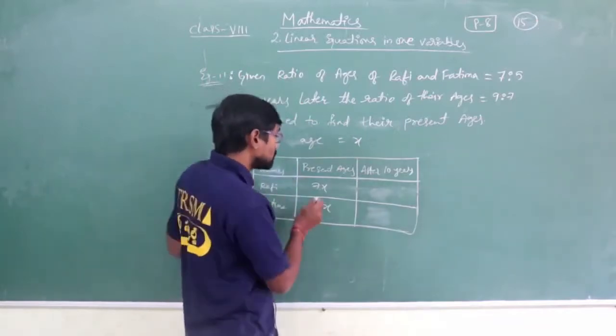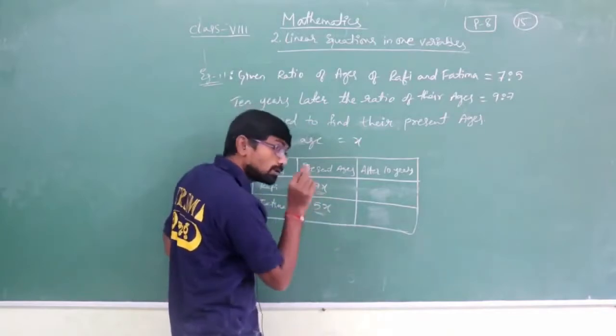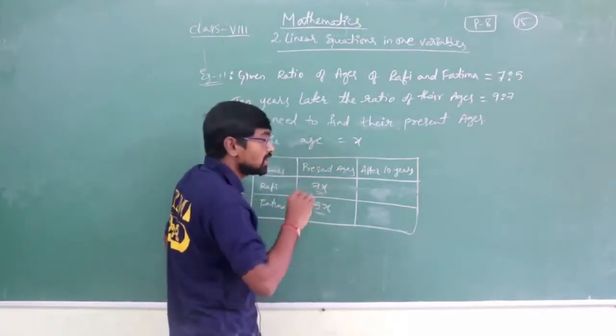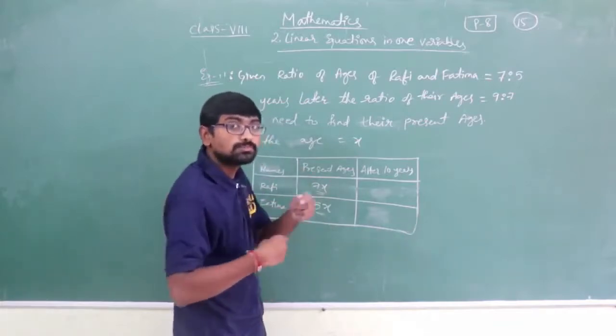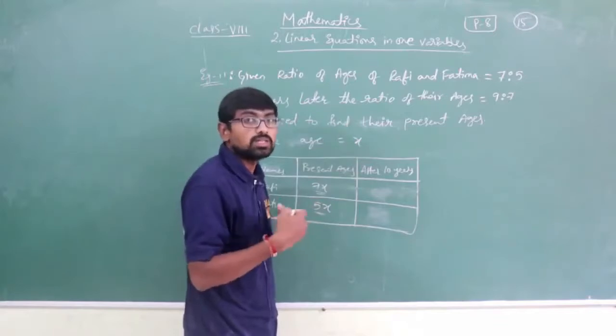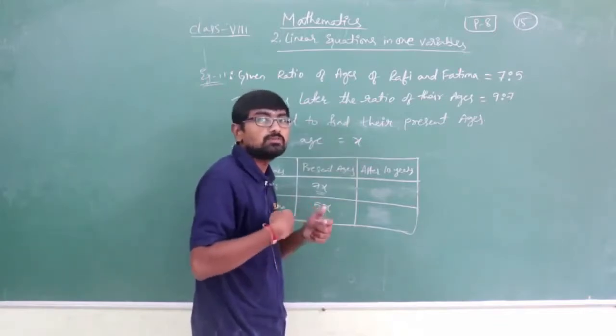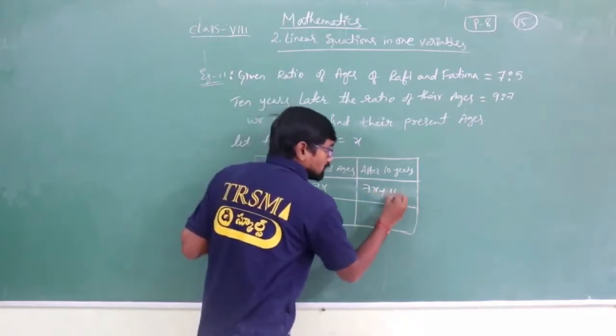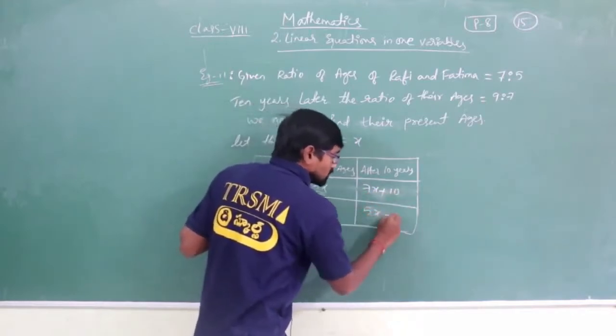Similarly, the present ages are 7x and 5x, isn't it? Here he has given after 10 years, so we will be adding plus 10. So 7x plus 10 and 5x plus 10.